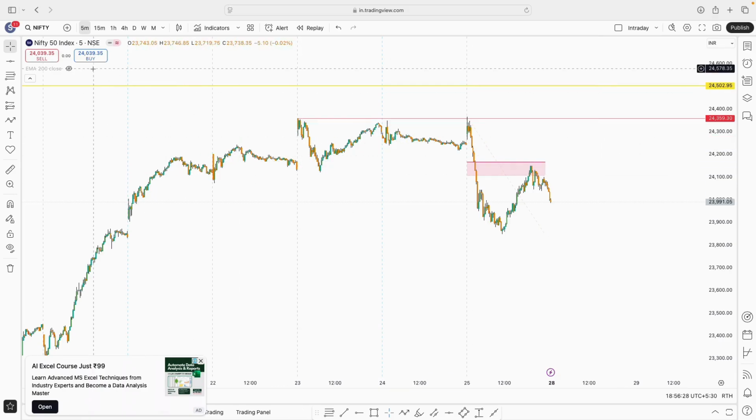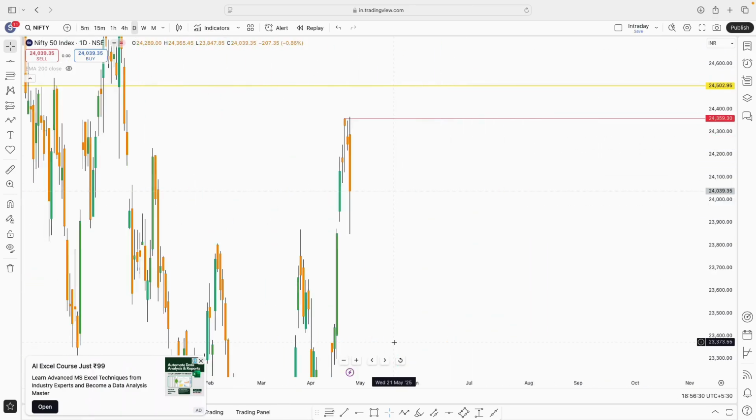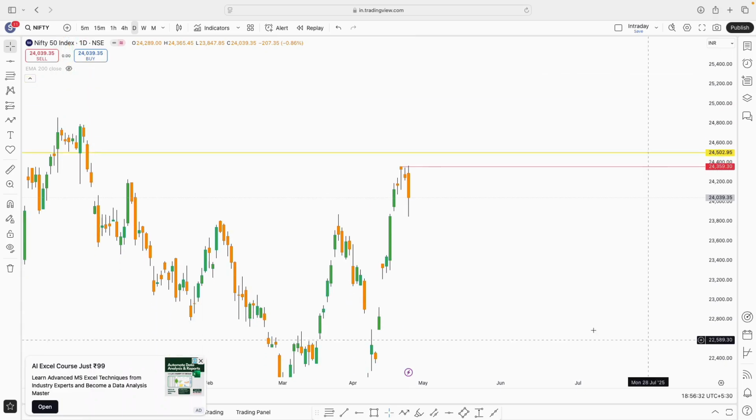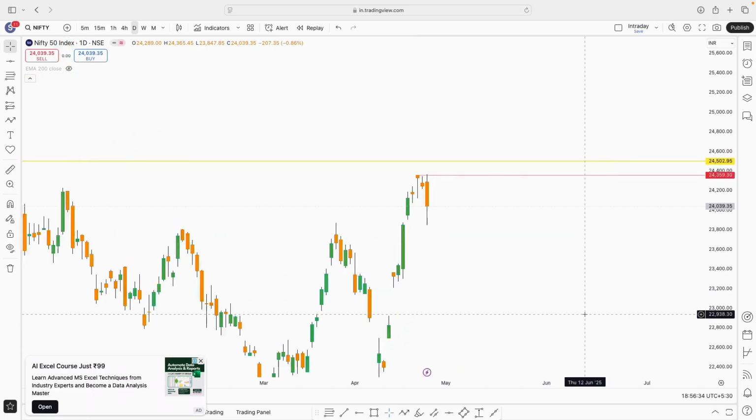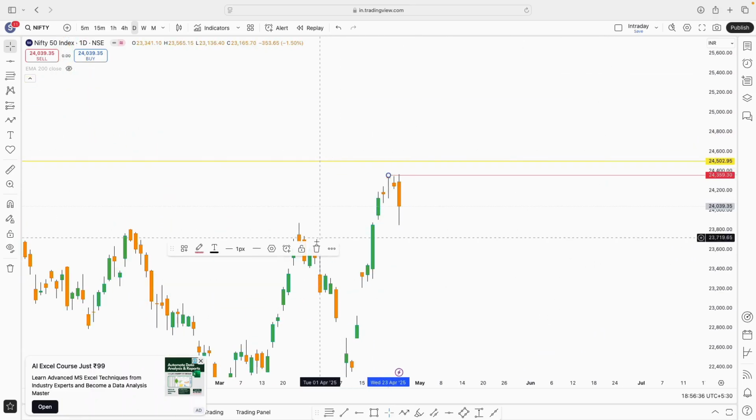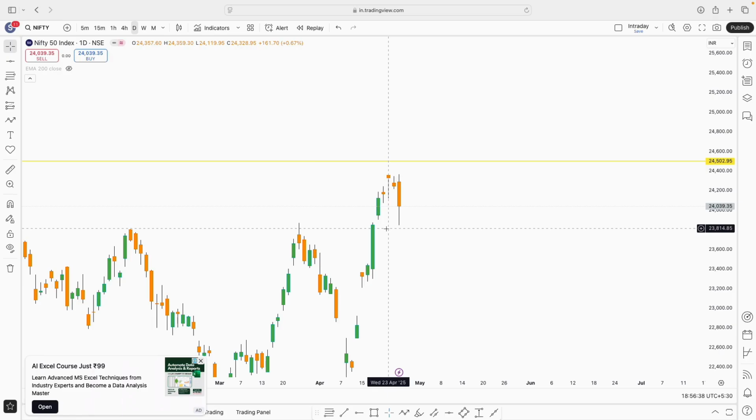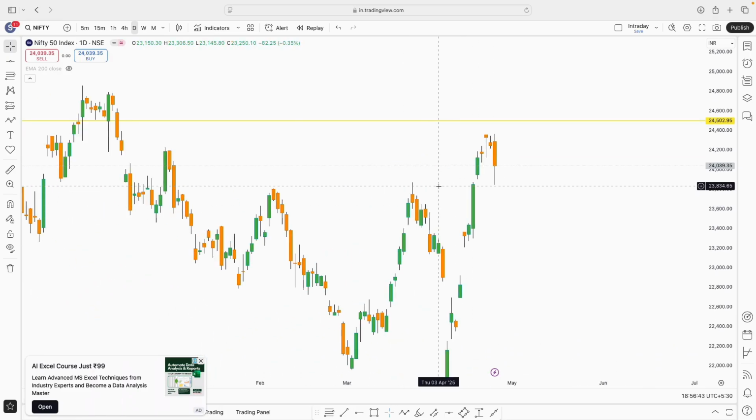And what is the third observation point which I can point out to you guys? For that I'll go to the daily chart, and if you look carefully over here, on 23rd April Nifty had formed a hammer candle.